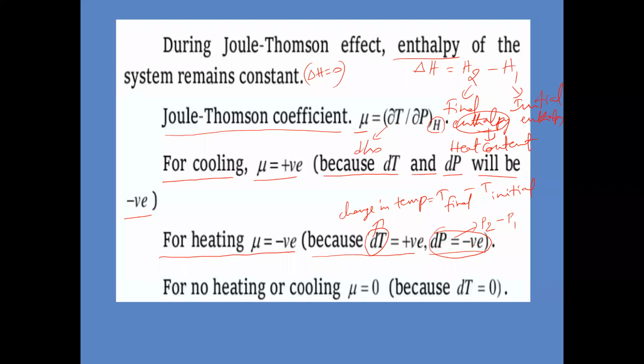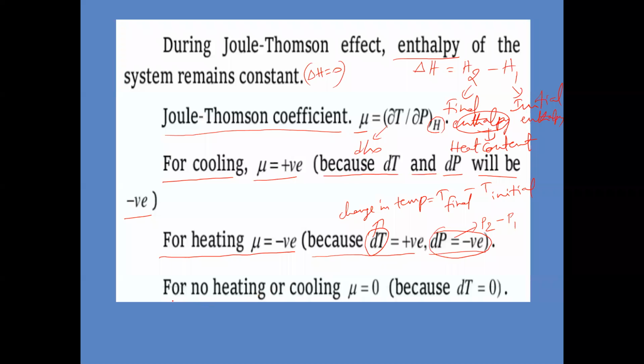So dP will be negative for the heating effect. In the cooling case, dT and dP are both negative for mu positive. If mu is negative, that is called the heating effect, where delta T is positive and delta P is negative.